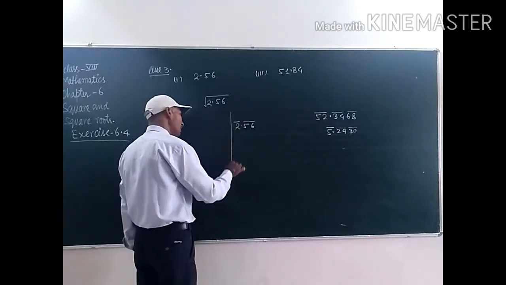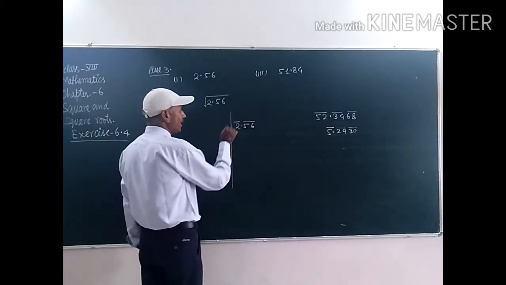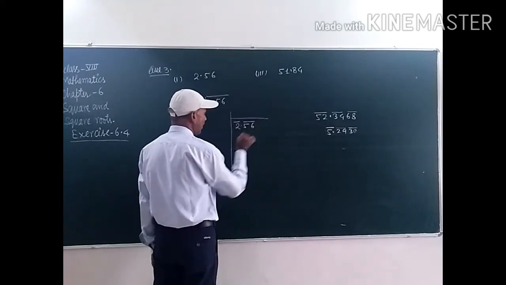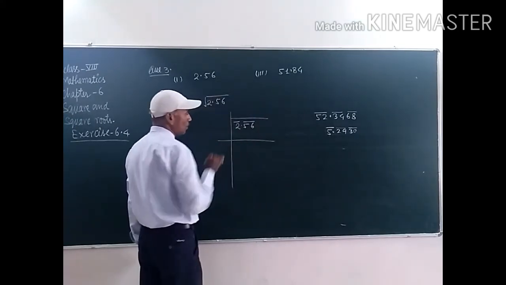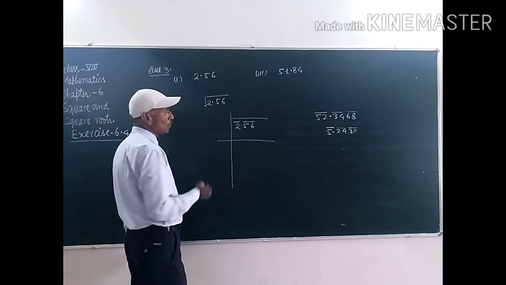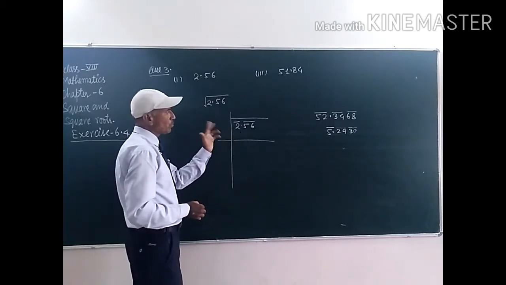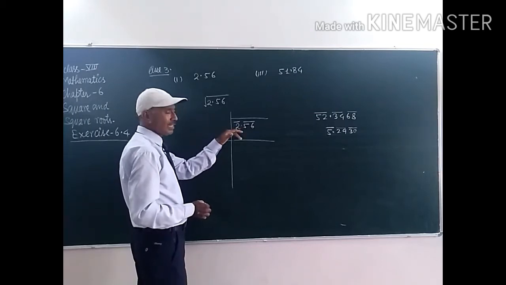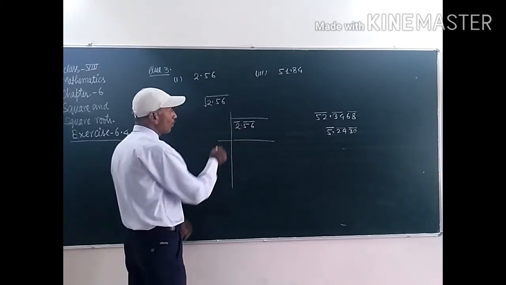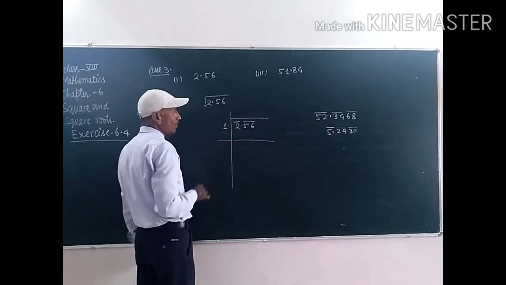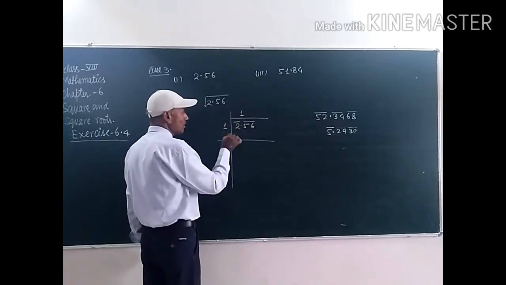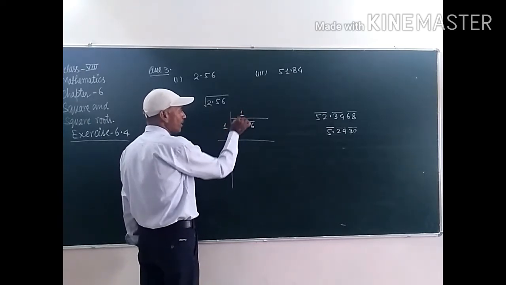And now make the arrangement like this, and this one 2, student. We have to take a number whose square is less than or equal to 2. So the square of 2 is greater than 2, so we have to choose 1, student. So the square of 1, 1 1s are 1.